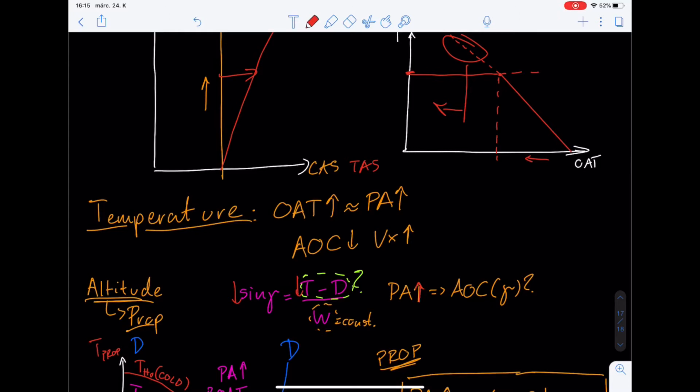Okay, so let's see the case of engine failure. It's fairly apparent that we expect the angle of climb to be much reduced if you lose an engine.